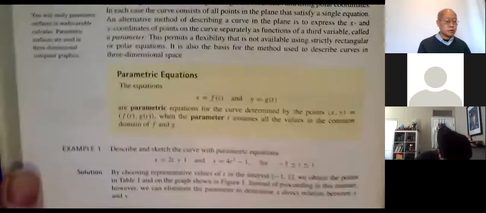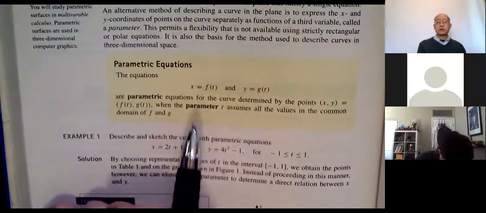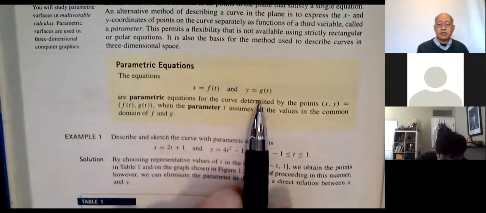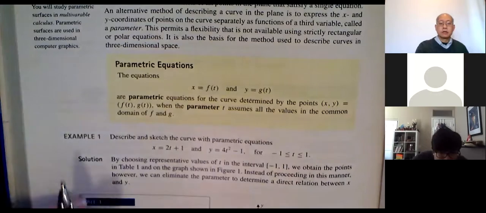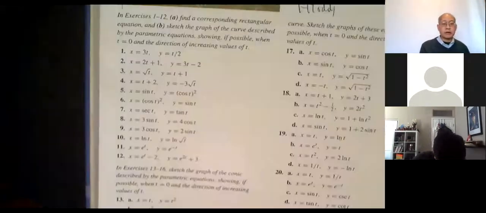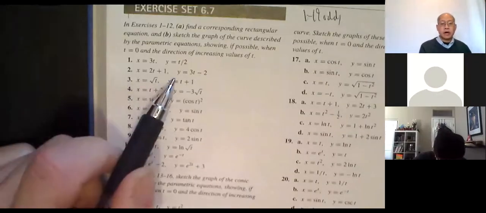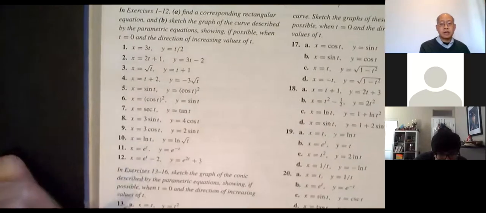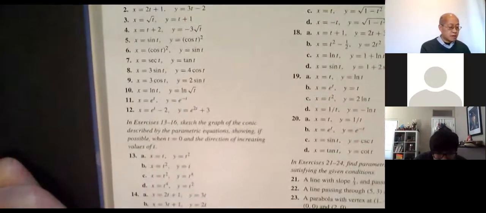Page 360. All right, so they're going to give us 2 functions. X is a function of t, y is a function of t. I say t, but it could be some other letter. Sometimes it might be a function of theta, but most of these look like it's a function of t.